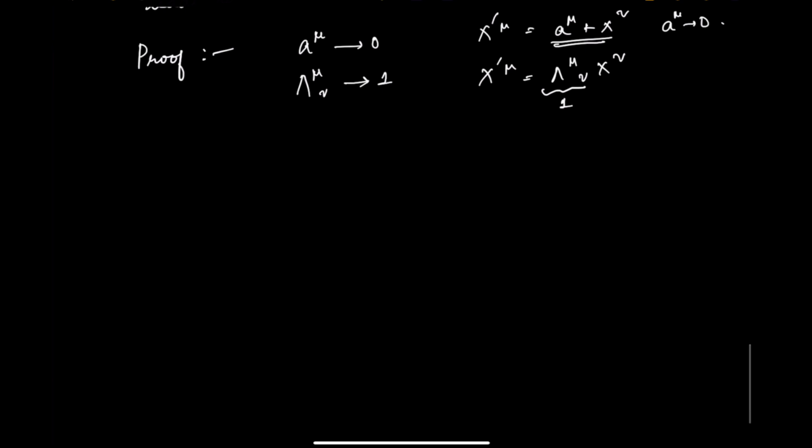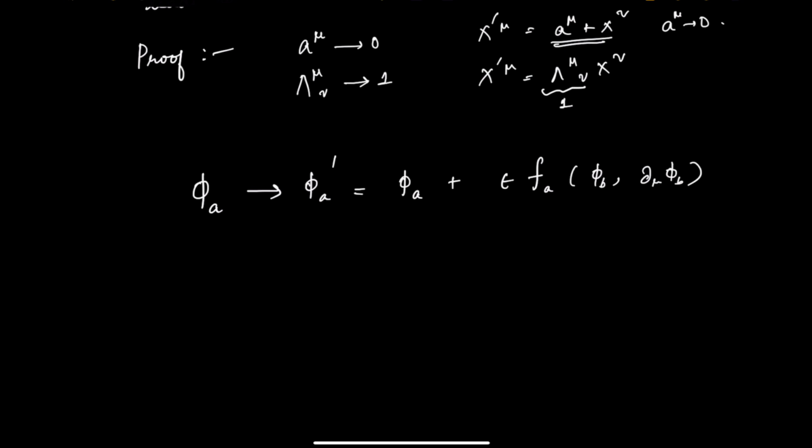Then the field φ_a will transform as φ_a' = φ_a + ε F_a, some infinitesimal transformation parameter multiplied by some arbitrary function of the fields.